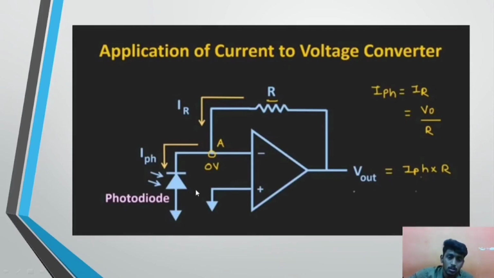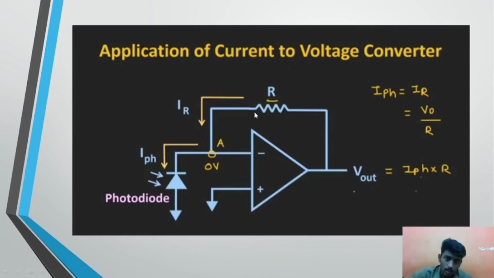When light rays fall on the photodiode, the current passing through the wire depends on the intensity of the light. The inverting terminal is at 0 volt virtual ground, the non-inverting terminal of the op-amp is also 0, as the current flowing through the op-amp is also 0.